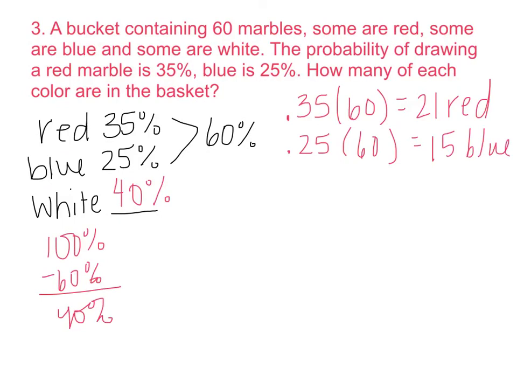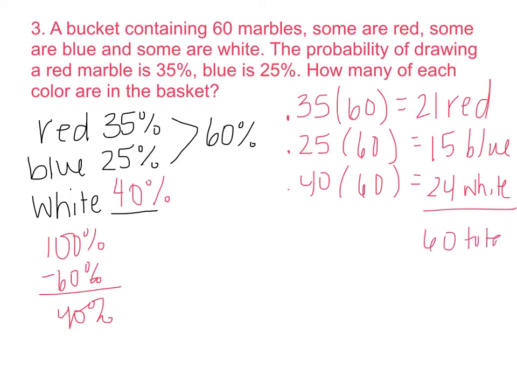And then we'll do 0.4 times 60, and that'll give us 24 white. Now to double check, we can add up the marbles. So 21 plus 15 plus 24 is 60 total, and we are correct.